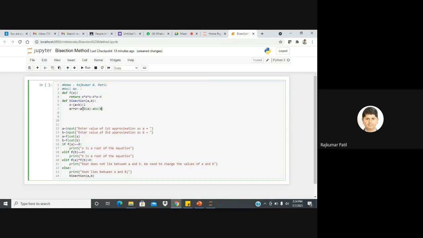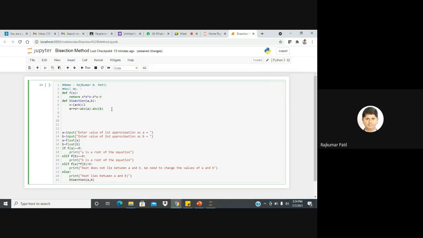We know the values of a and b, but the sign of a and b may be positive or negative, that we don't know. That's why we will take the absolute value of a and the absolute value of b. Whatever difference there is will be called the error. And this error we will try to link with the accuracy of the answer.